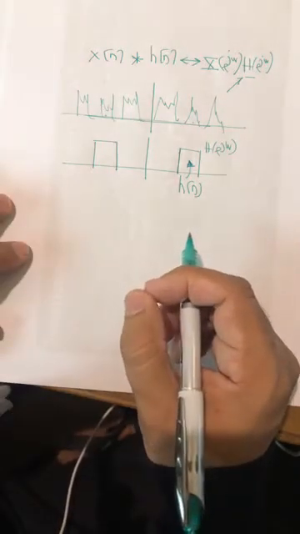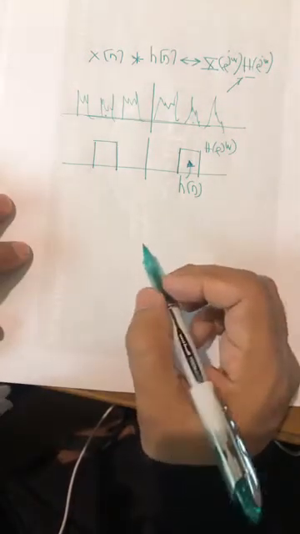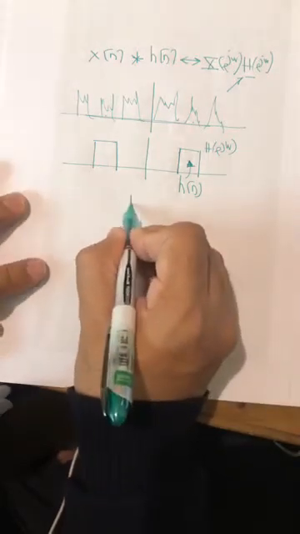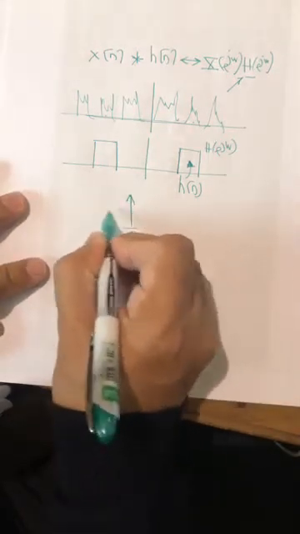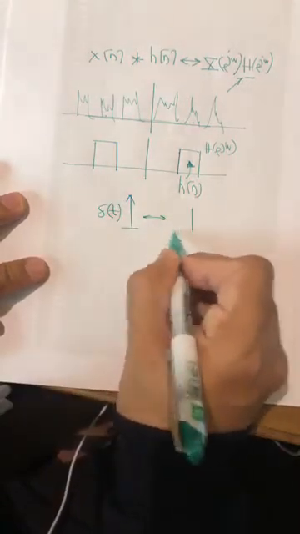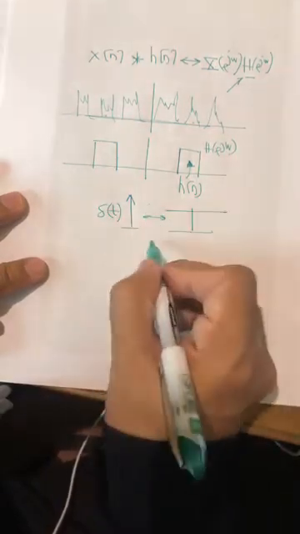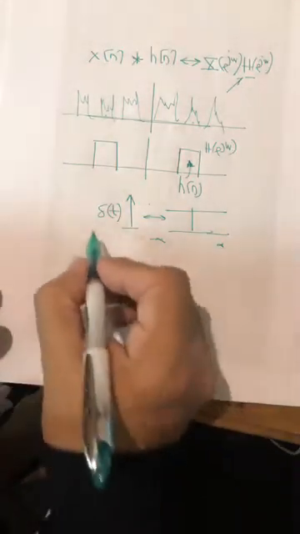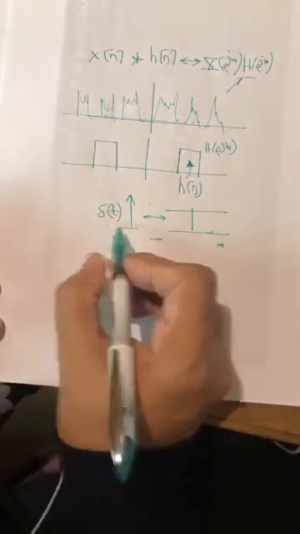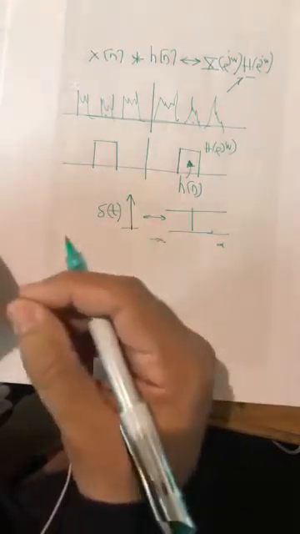Perhaps it is easier to understand in the analog domain. An analog impulse, which is delta of t, its Fourier transform is all frequencies from minus infinity to infinity.